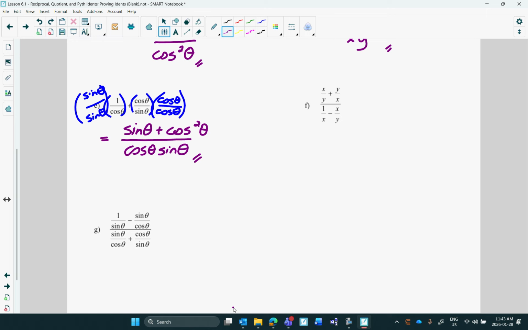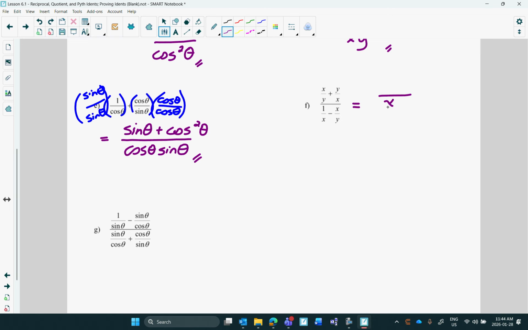All right. This is what's called a complex fraction because it's fractions within a big fraction. So I'm going to have to do some work here. Because I'm going to have to add these two up top into a single fraction. I'm going to have to subtract these into a single fraction, and then I'm going to have to divide the two answers. So what's the lowest common denominator of y and x? xy.